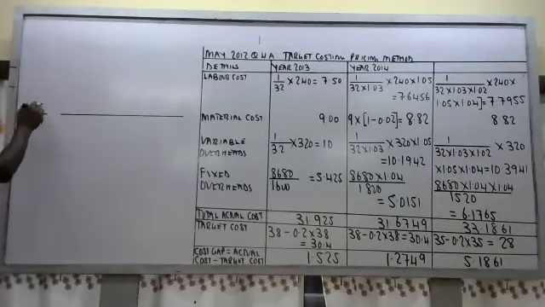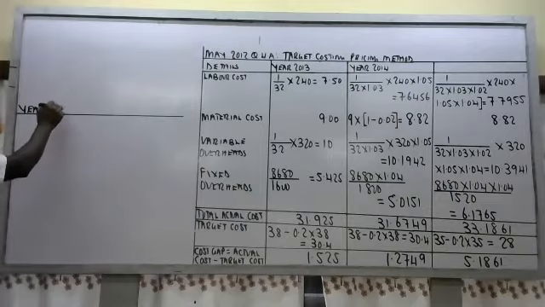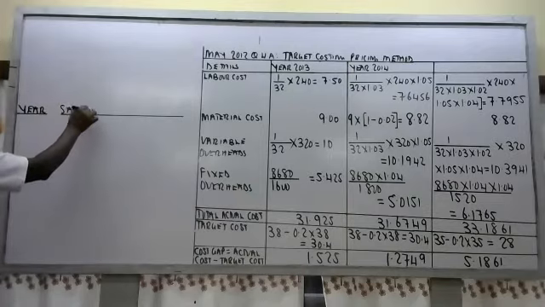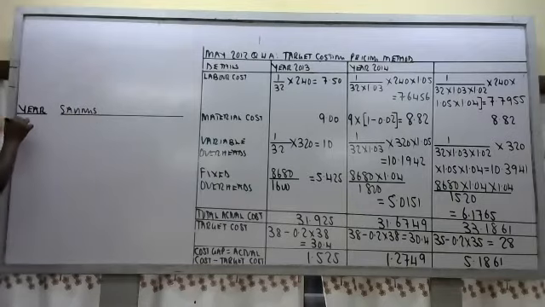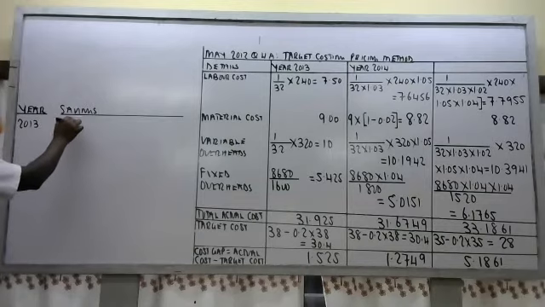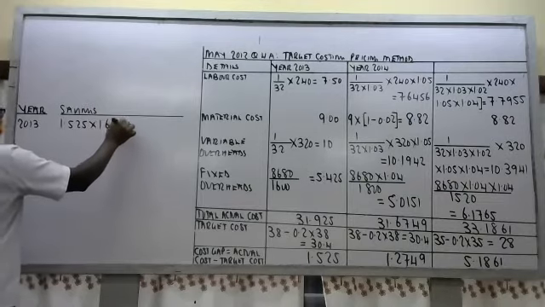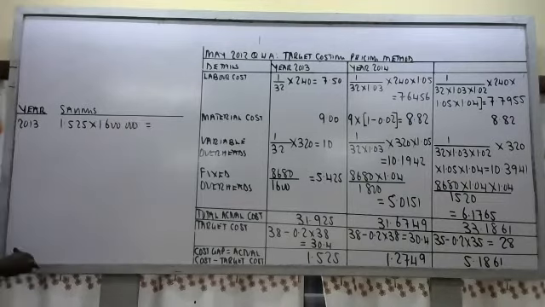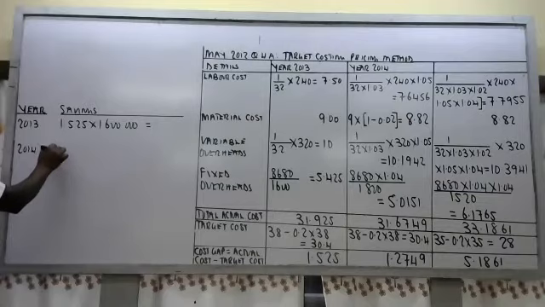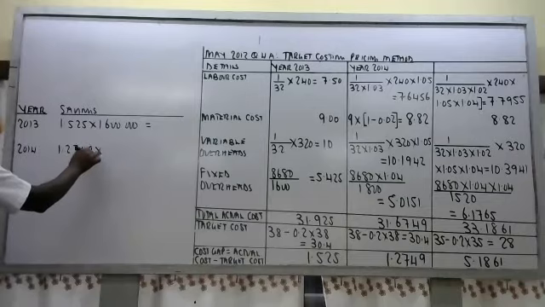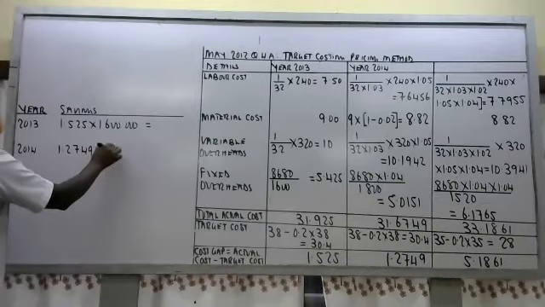So then what you shall do, you shall come here and tell us the year and then the savings. The year 2013, you will argue 1.525, you multiply by 1,600,000 units. That will be your savings. The year 2014, it is 1.2749 times 1,800,000.